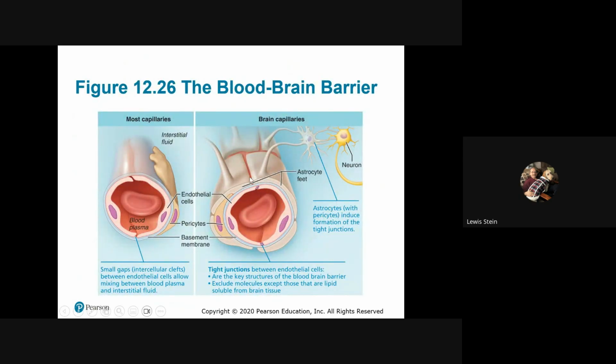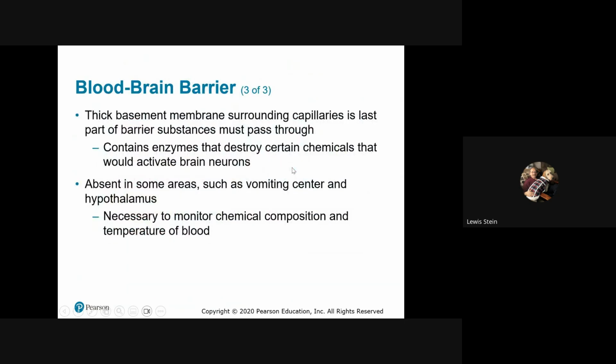And they're showing you the difference between a typical capillary with these clefts, and you can see the clefts are not present, with the astrocytes surrounding and reinforcing it, as we talked about before. And even the additional things in the basement membrane, and this is why it's weaker there.